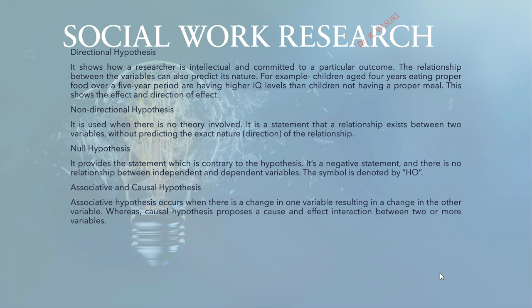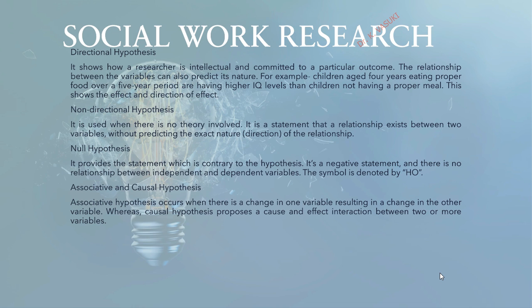If you are eating more vegetables and fruits, if you are having proper food, it definitely leads to growth of the IQ level of the children. It has proper evidence. But a non-directional hypothesis doesn't have any evidence. It doesn't give any direction. So we cannot predict the exact nature among the variables.